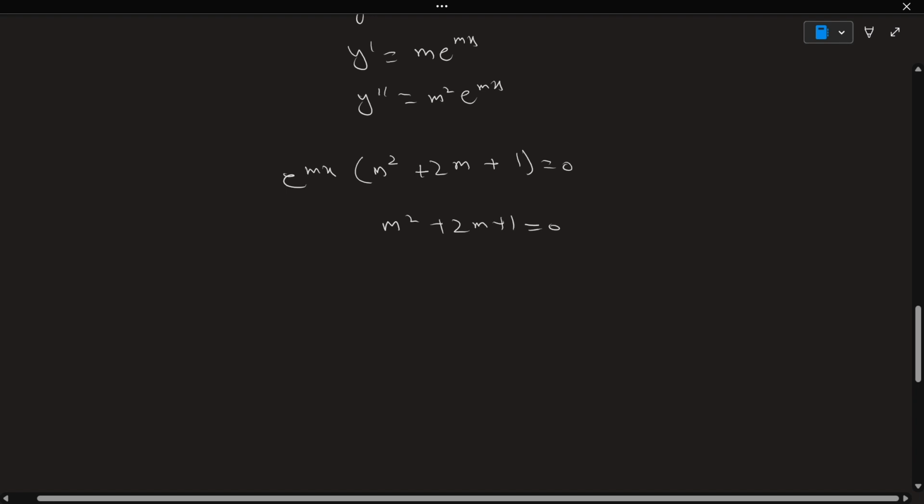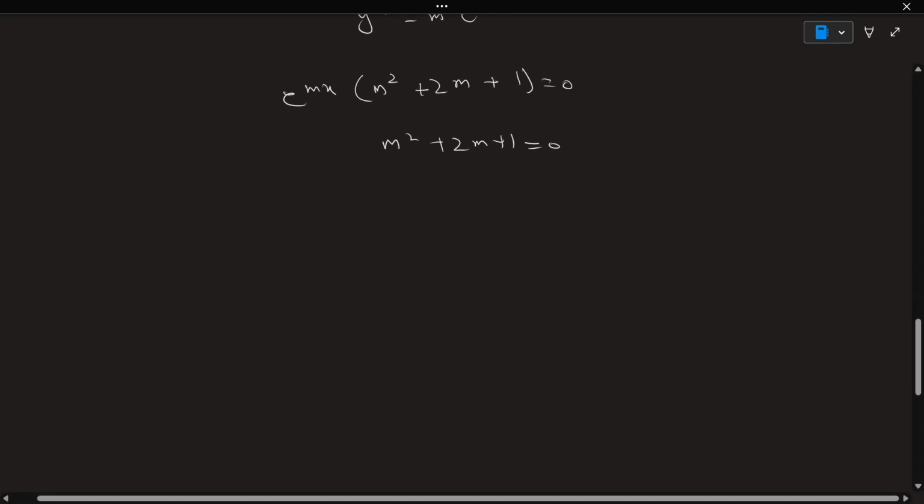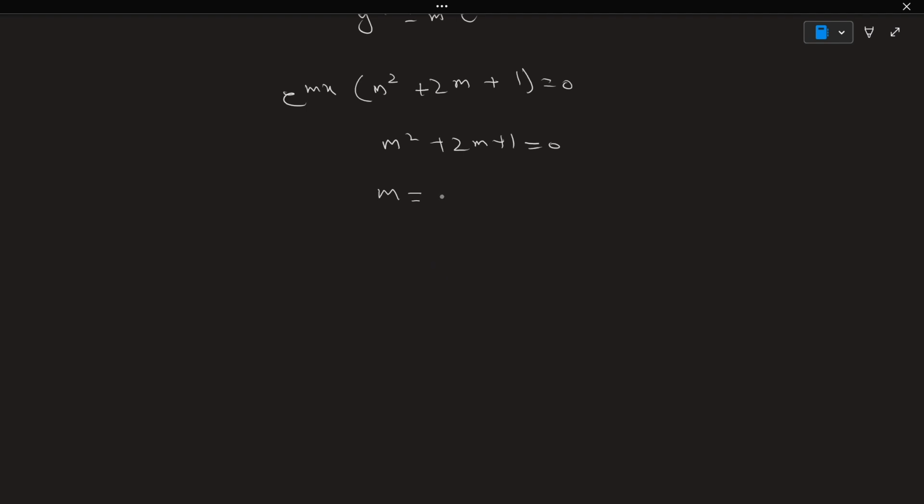We know that exponential functions can never give 0, so we will put m square plus 2m plus 1 is equal to 0, and after solving this quadratic equation we will get the solution m is equal to minus 1 and m is equal to minus 1. So in this case we are getting repeated roots. So this is case 2.